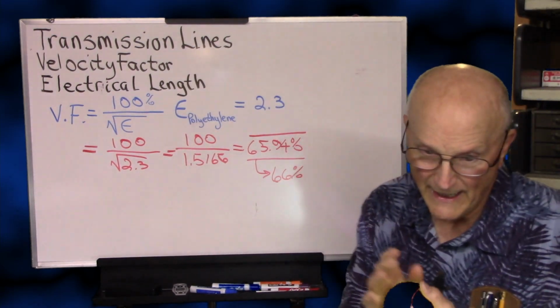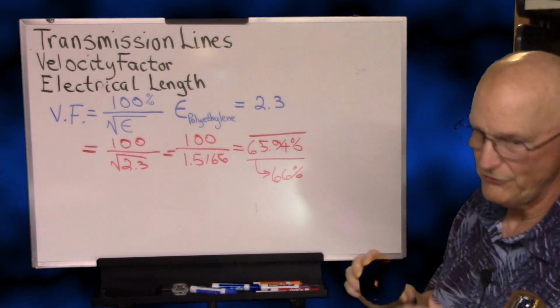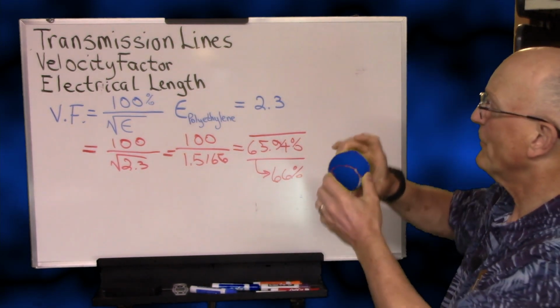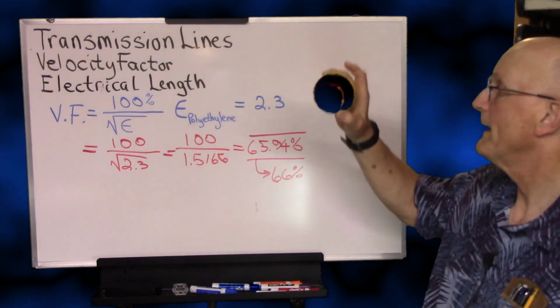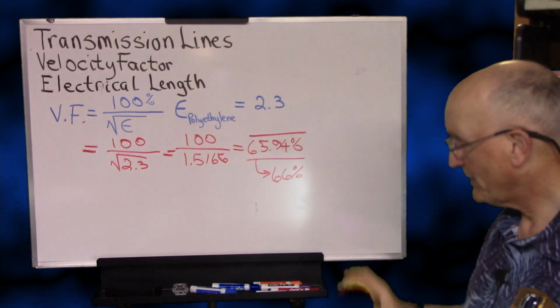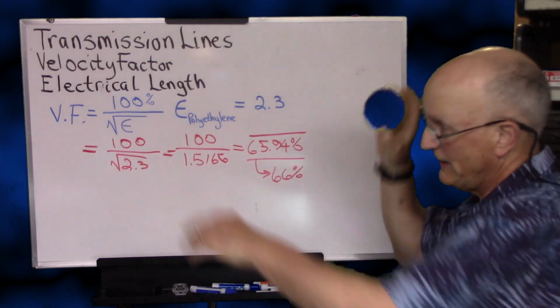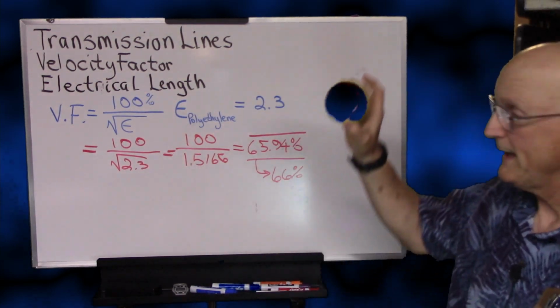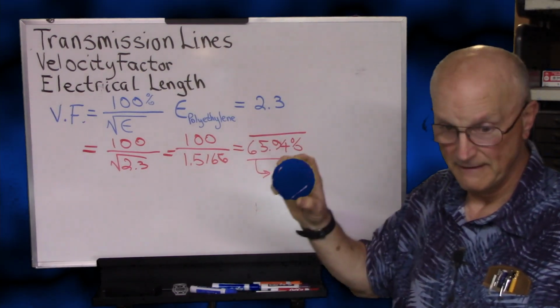So now if we envision that the RF in terms of oscillation of the voltage is like the vertical position of our ball. Now, the speed at which this signal, this voltage, is allowed to travel down the transmission line is determined by the velocity factor.